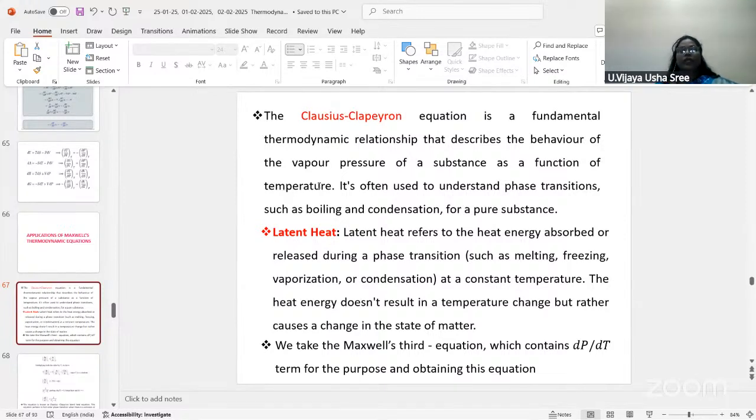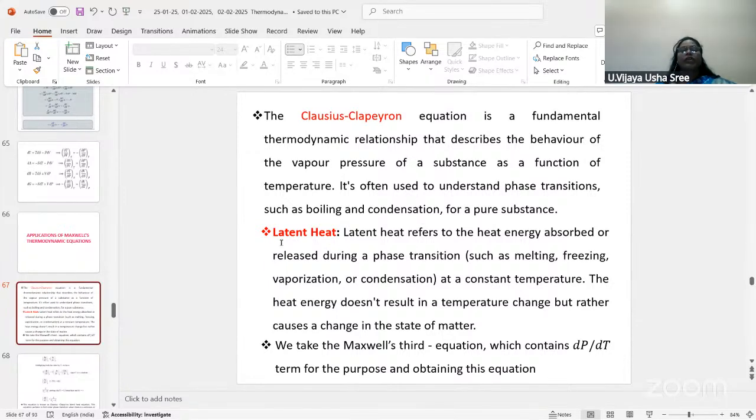It is often used to understand phase transitions such as boiling and condensation for a pure substance. This is one type of equation for Maxwell's thermodynamic applications.